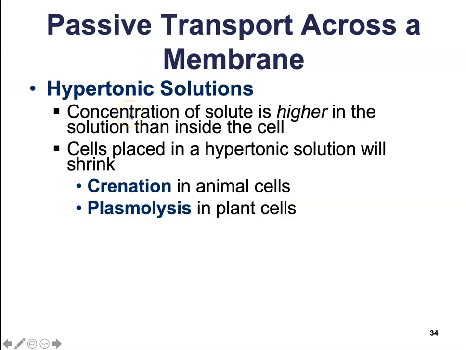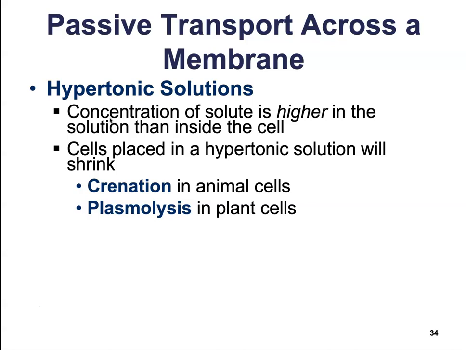Now, on the flip side, a hypertonic solution: the concentration of solute is higher outside than inside. However, if the concentration of solute is higher, the concentration of water is lower. So in this case, the concentration of water outside the cell is lower and inside the cell is higher.